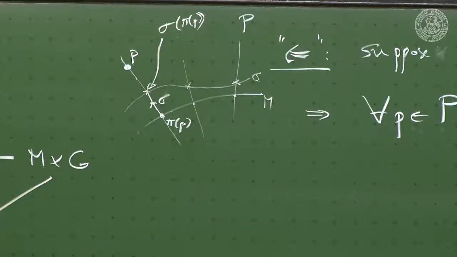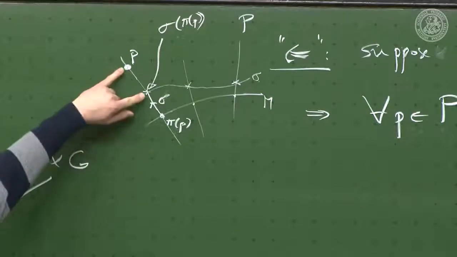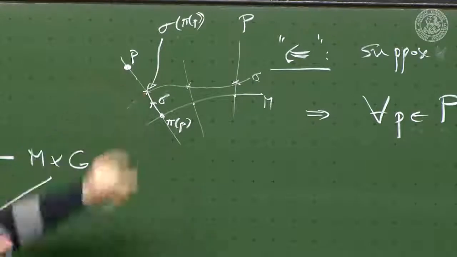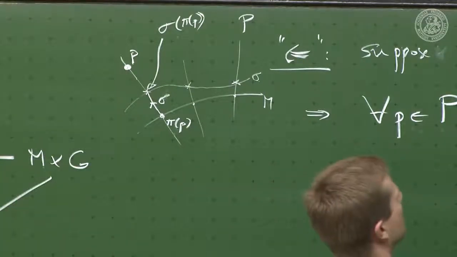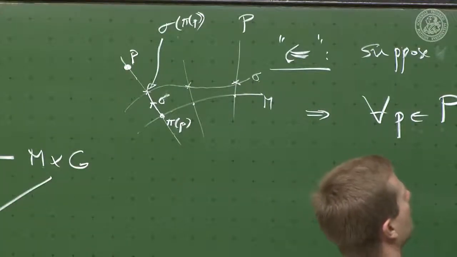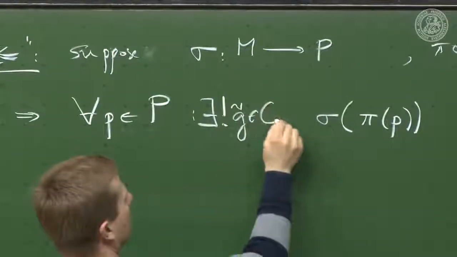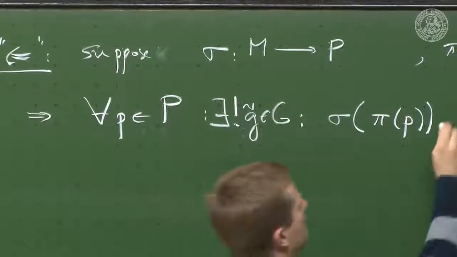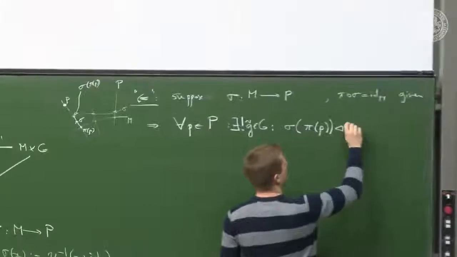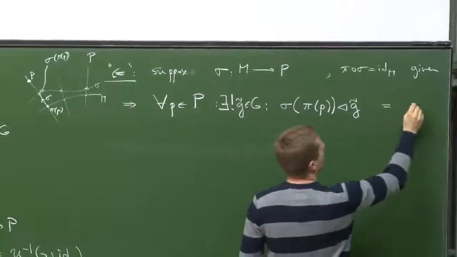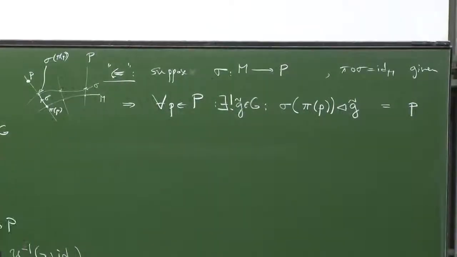I can take this point, and I have another point p in the fiber. They lie in the same fiber, but if they lie in the same fiber, that means there exists a unique, call it G twiddle, in the group, such that G twiddle acting from the right on here gets you back to the point P. Okay, so now if you talk about this G twiddle, the question is, what determines the G twiddle?